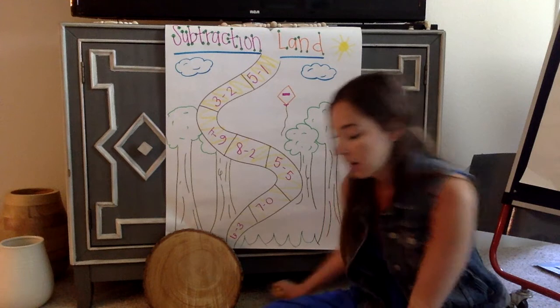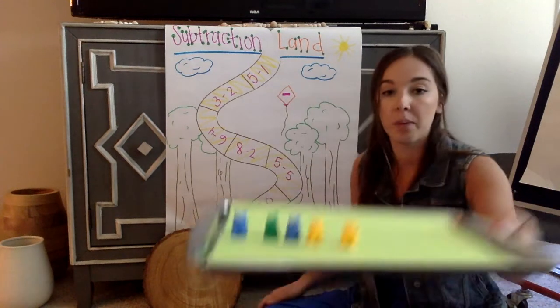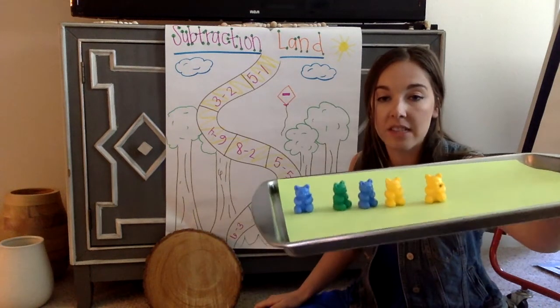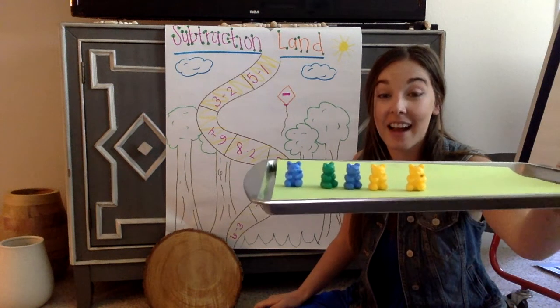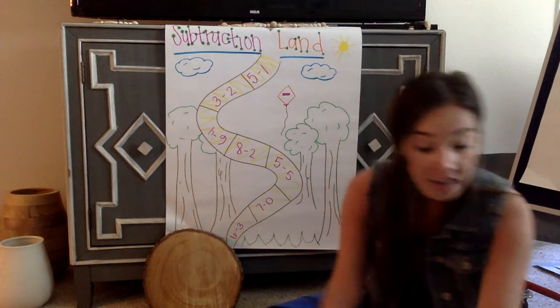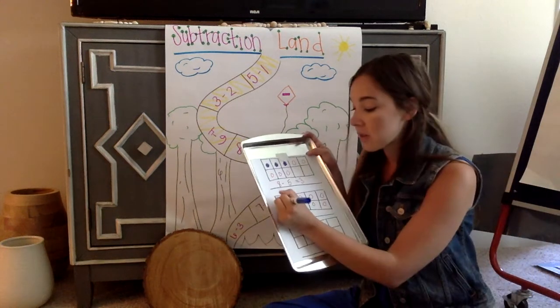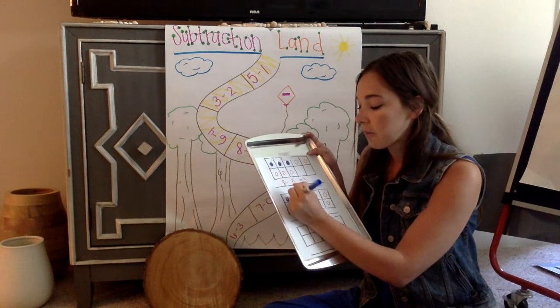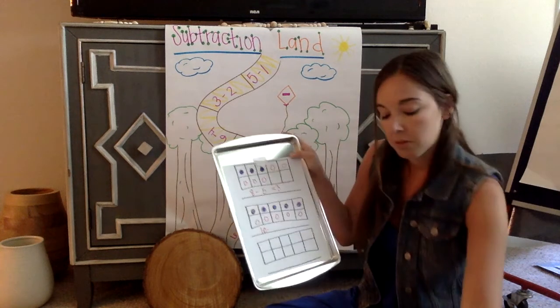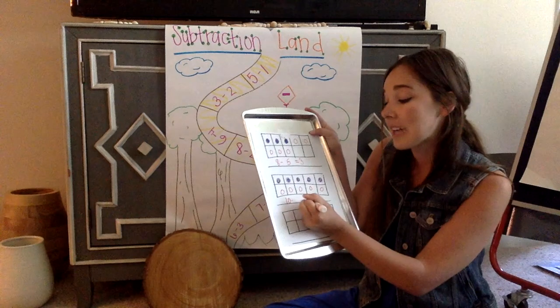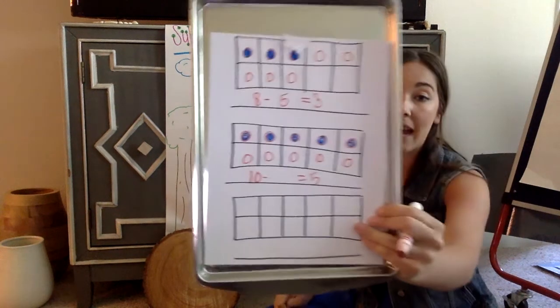Close your eyes, close your eyes. All right, open your eyes and check how many bears are left in subtraction land. I hear some of you saying 5. Color in your 5 circles. Write your equals 5 because that's how many are left, not taken away.